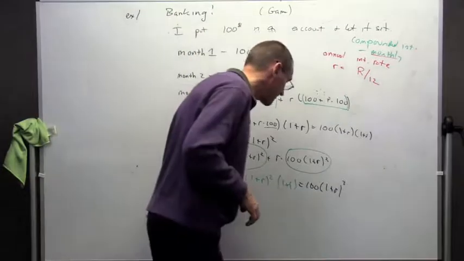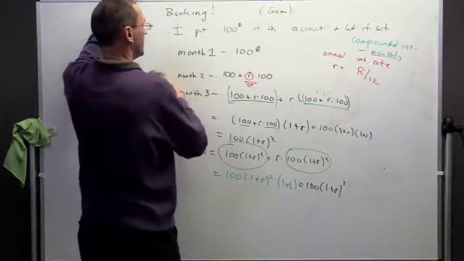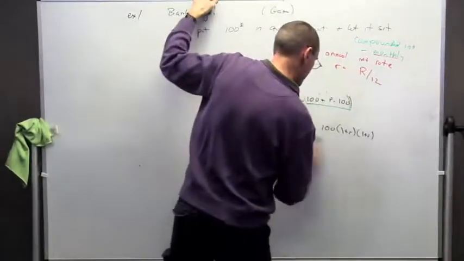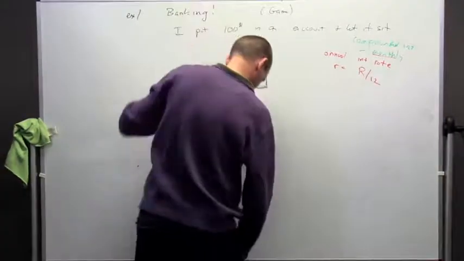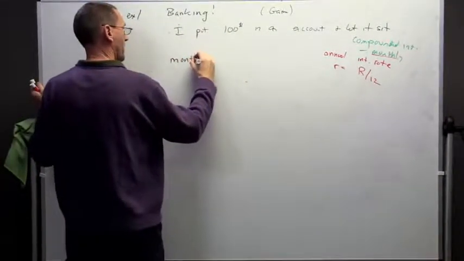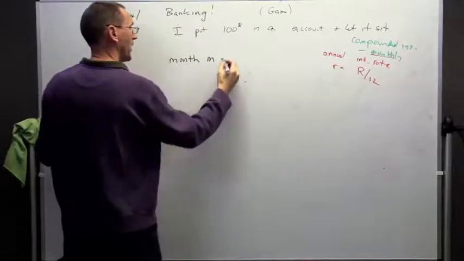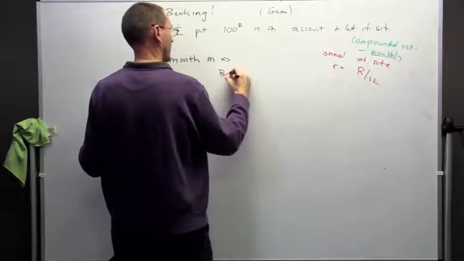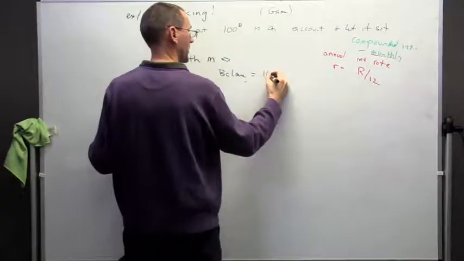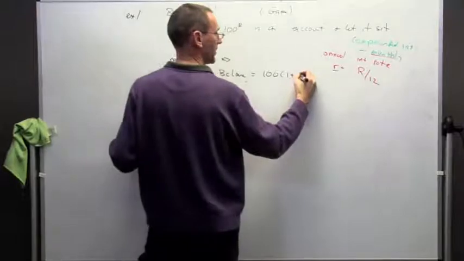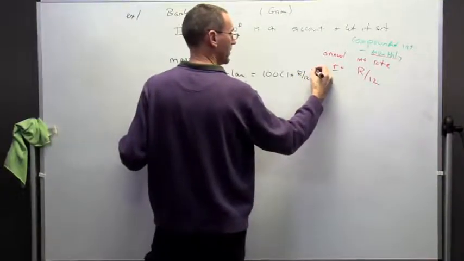So what do we have? After m months, my balance is going to be the initial thing times 1 plus this r, which I'm going to call r over 12.